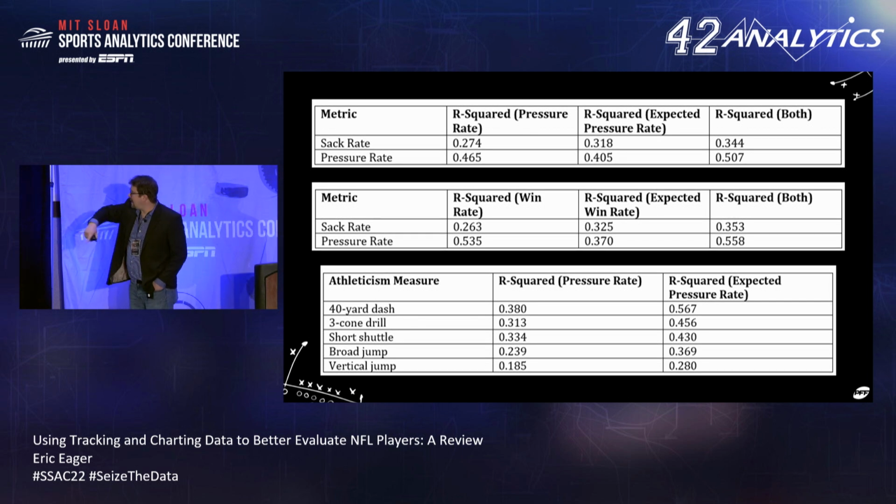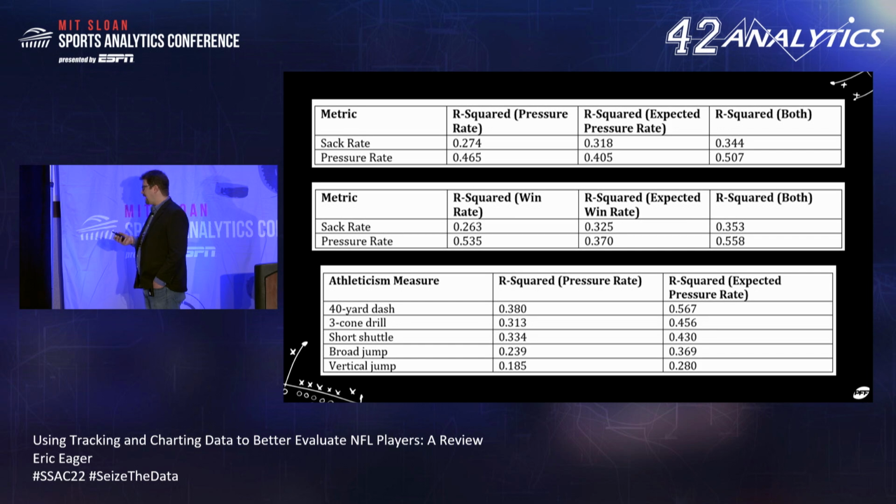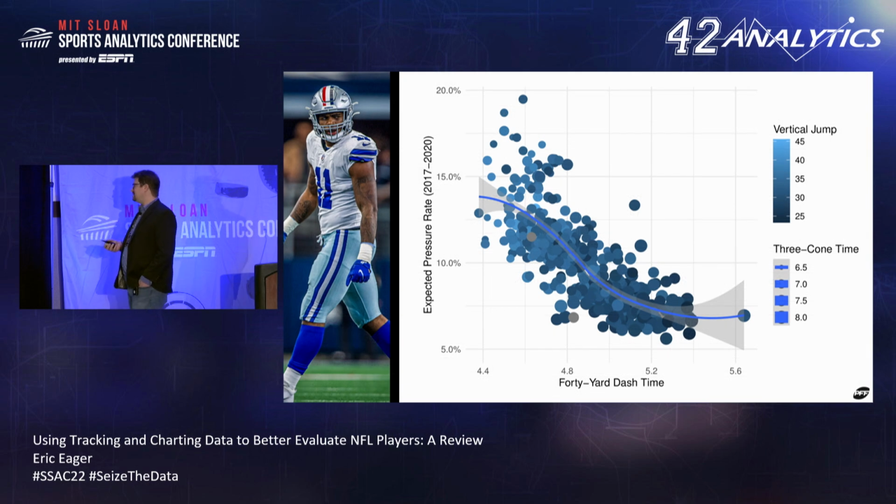Here, notice on the right-hand side, expected pressure rate, which is measuring a player's athleticism, tracks pretty well with all measures of his athleticism that he will have done in Indianapolis or his pro day. And on the left-hand side is our charting data, which correlates less strongly. So again, you can have a time-varying athleticism measure for a player as a pass rusher by combining these two data sets. And this is the same graph here.